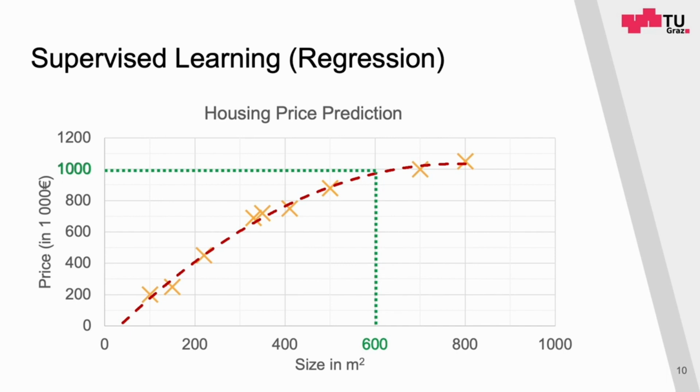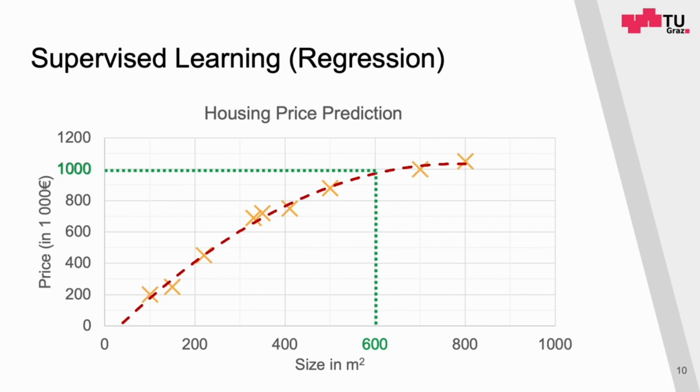And now if we look at the same size, again at 600 square meters, you can see that the model now predicts a higher price. So we can now sell our house not for 900 euros as previously, but now for 1,000 euros. So, which is better for us because we earn more money each month. So the better the model, the better the prediction.